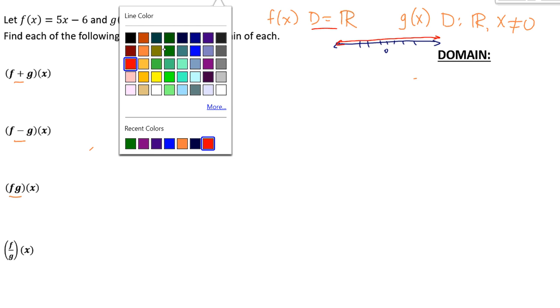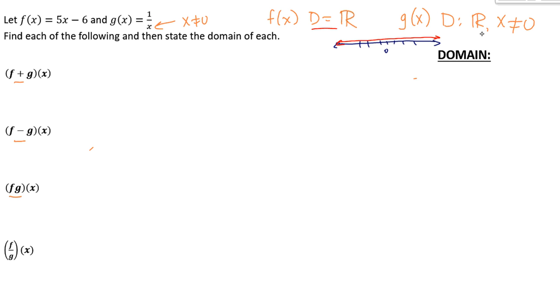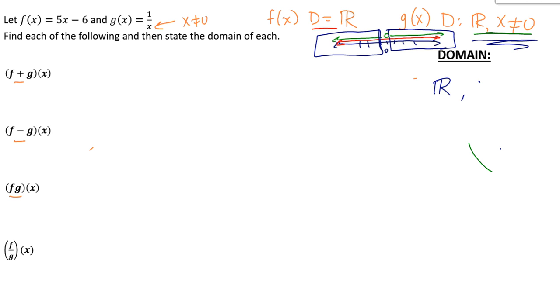If I put the green one for this, this is all real numbers except a big fat hole at 0. So what they have in common is everything over here and everything over here, which is the same thing as saying all real numbers, x cannot equal 0.